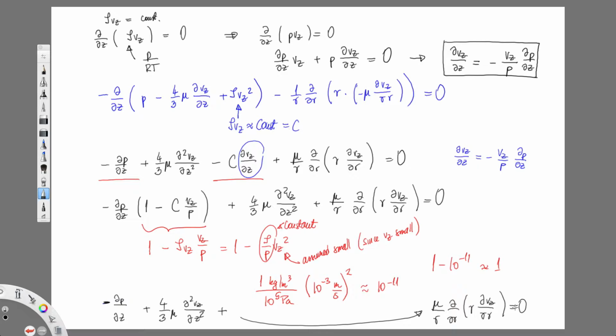Now let's look at whether we can solve this and what the problem might be. Without this term, this equation I already had, right? Minus dp dz plus mu over r d dr r dvz dr is equal to 0. That I had in my standard problem.